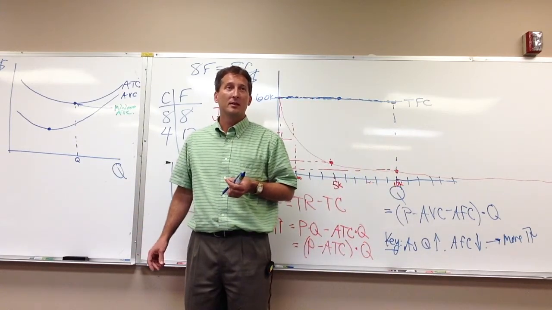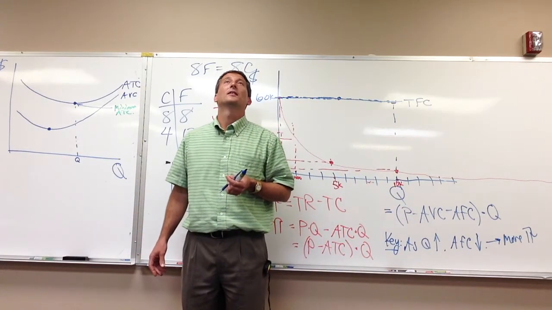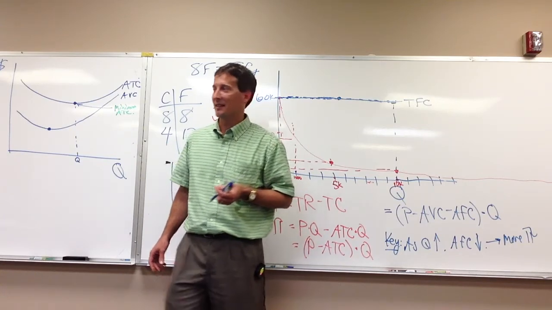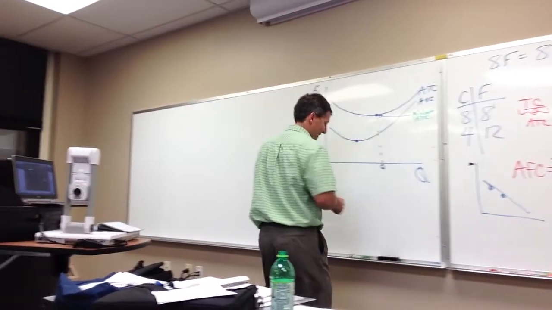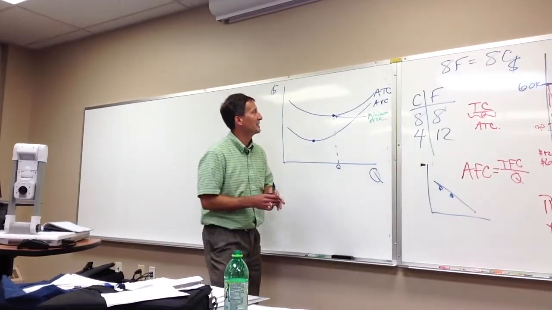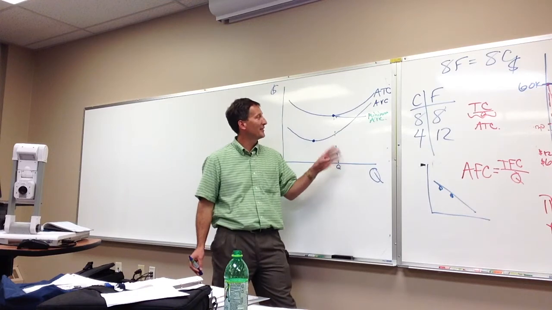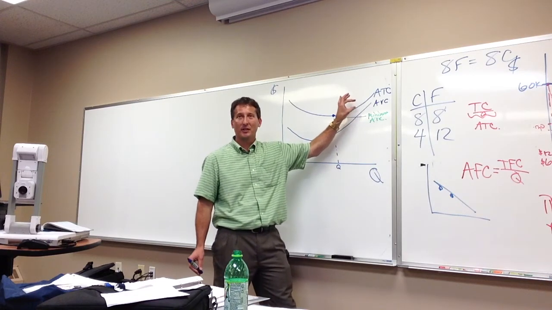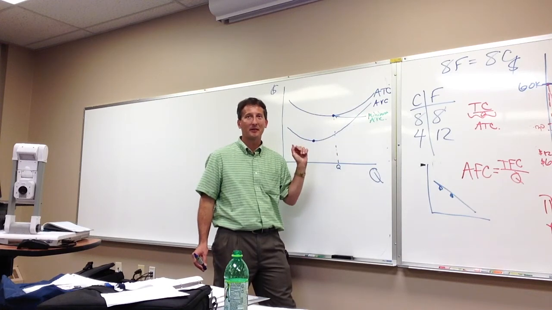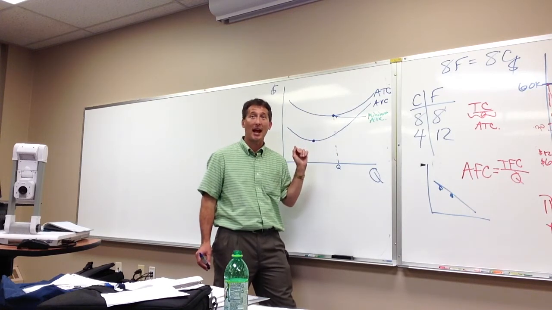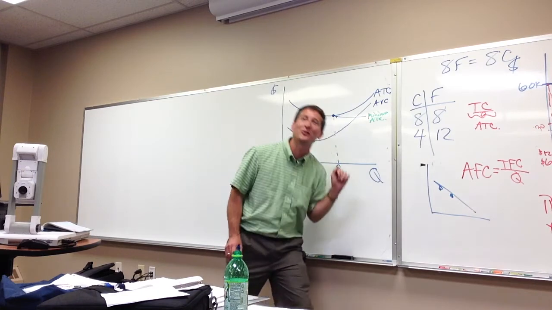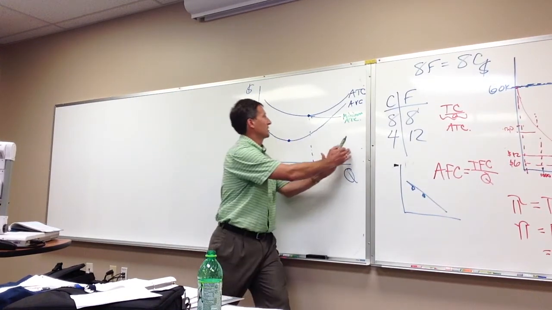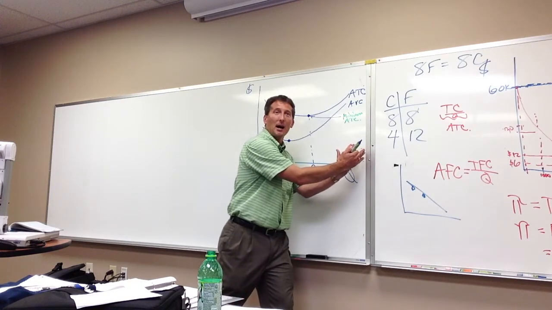Because your average fixed costs are becoming more and more less relevant, and it's all in variable costs. It's proportional wise. Okay, you're hitting on it now. You're dangerously close, so I'm ready to give you a point here. What is this vertical distance? Might be another way to phrase it. It is your average fixed cost. Yes.